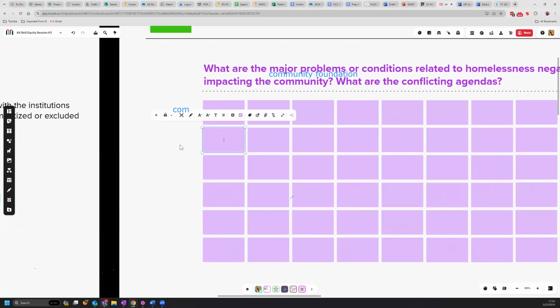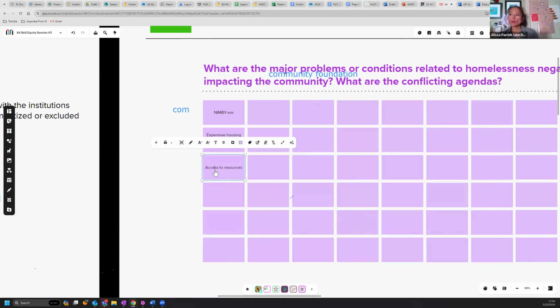Expense and lack of affordable housing. Access to resources. As in the inequitable access to resources, the lack of access to resources, or what specifically about that?